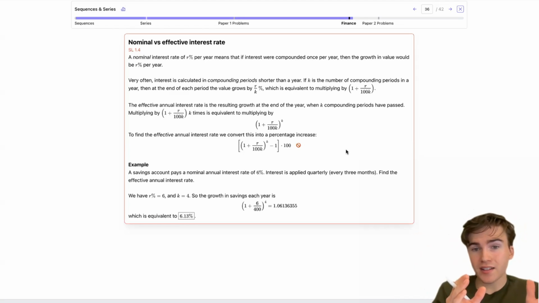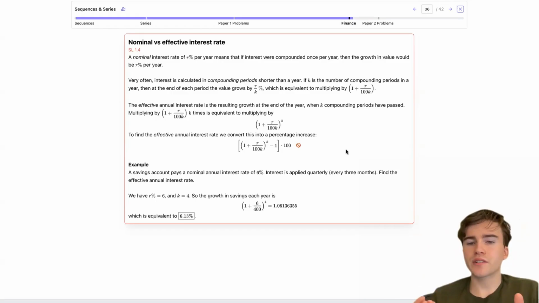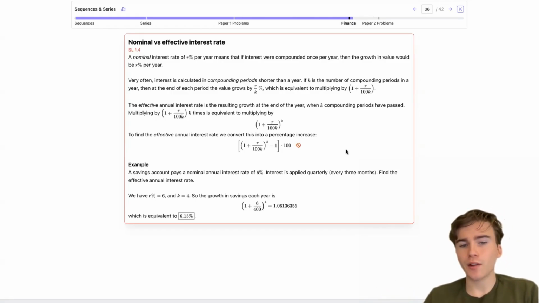So I figure out that my account is now 150% of what it was at the beginning, which is 1.5 as a multiple. I subtract 1, which means I have gained 0.5 times the value of my account. As a percentage, that's 50%. I multiply by 100. And that's going to give me the effective annual interest rate, all right? I know that's a bit of a word soup, and all these terms are kind of not super relevant unless you are actually starting your savings account.